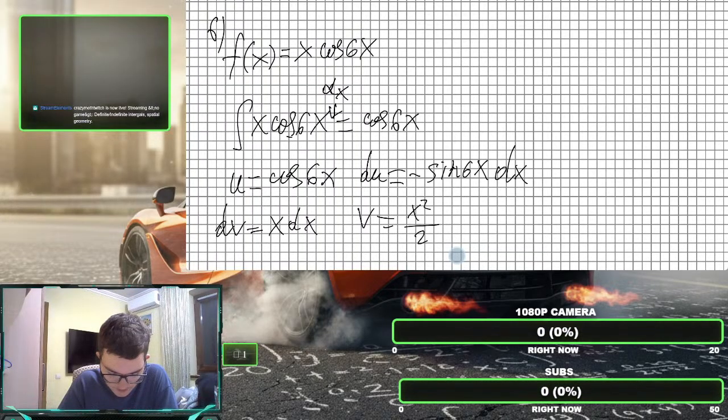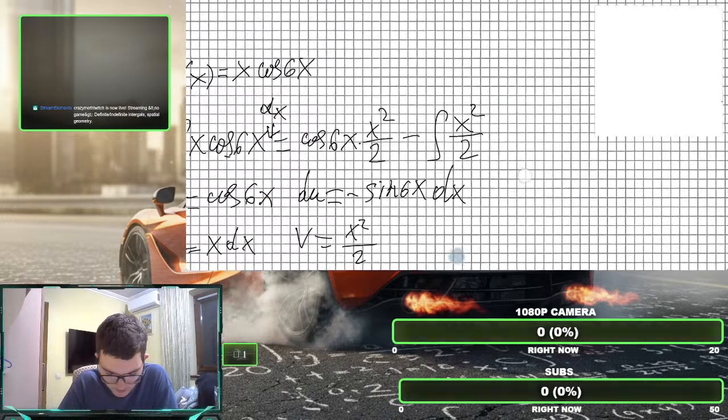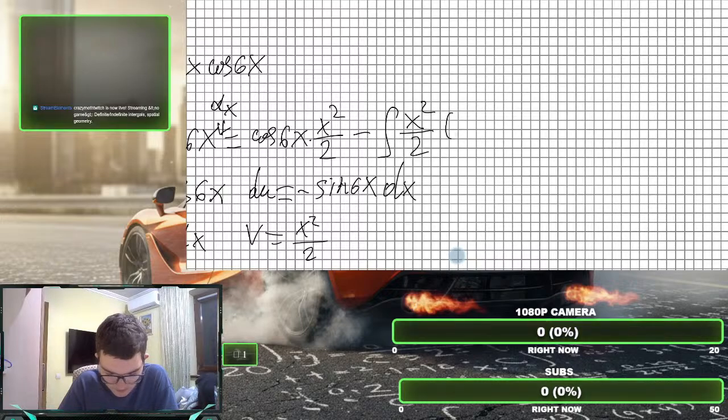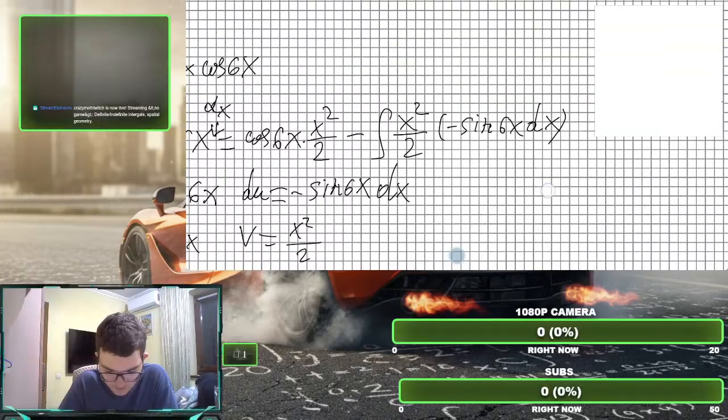So cos 6x now times v, so x to the power of 2 divided by 2, minus integral of v once again, x to the power 2 divided by 2 times du, which is minus sine 6x dx. Well, the dx is for everything. So now we just have to solve this.